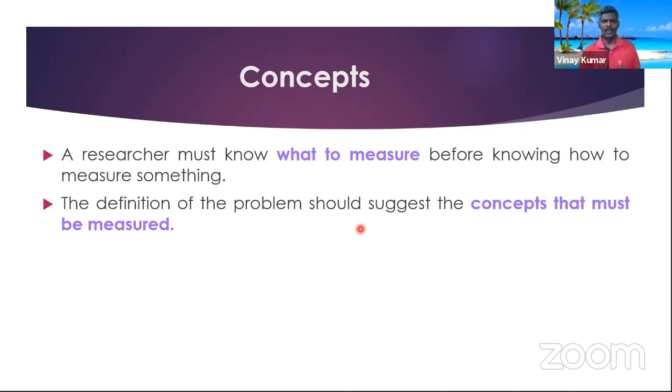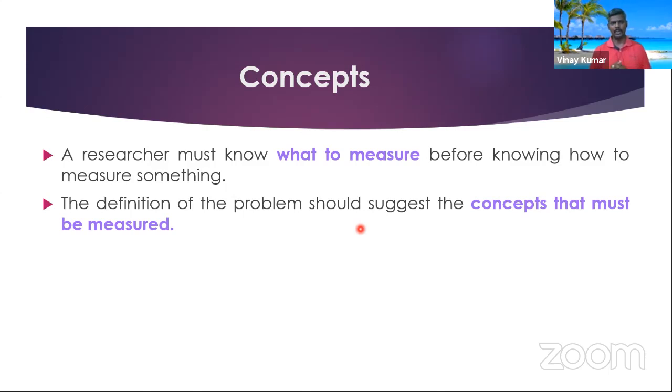So when you define your problem, you have already submitted your literature review assignment where I could see that you have identified the problem and you have defined the problem. That's good. But some are not clear in this concept, while some are very clear, where you have identified some concepts that you want to measure. So the definition of the problem should clearly suggest what are the variables that a researcher wants to measure.